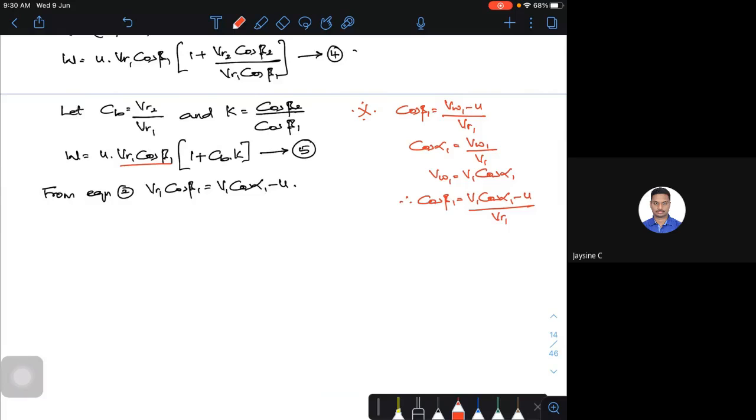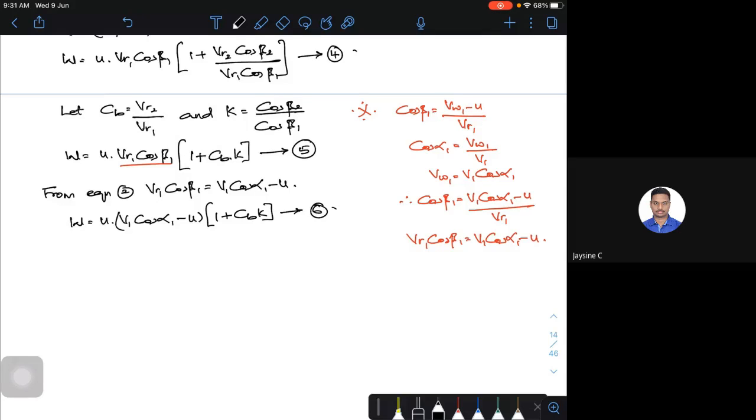With a little cross multiplication, VR1 cos beta 1 is equal to V1 cos alpha 1 minus U. Using that expression here, the work done W is equal to U into (V1 cos alpha 1 minus U) into (1 plus CB into K). Let me call this equation 6.